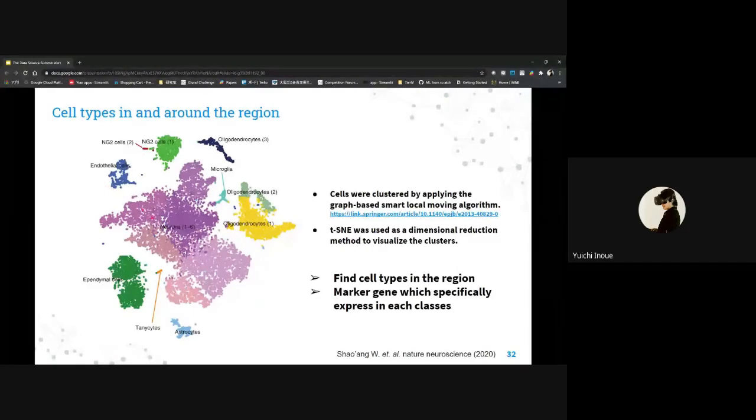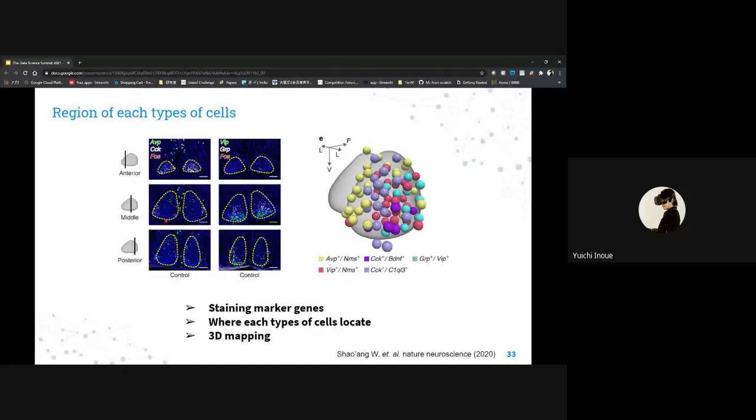The final step in this paper is to make tissue slices stained for marker genes. They slice the mouse brain from front to back and stain each slice with marker genes.